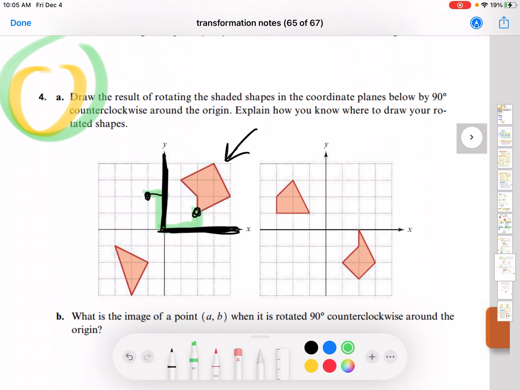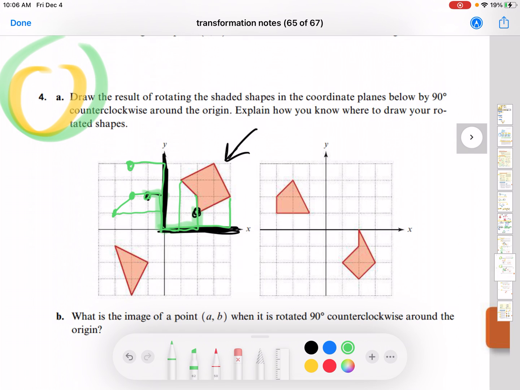If this is right 4, up 2, it should now go up 4, left 2. If this is right 2, up 2, it should go up 2, left 2. If this was right 1, up 3, it should go up 1, left 3.